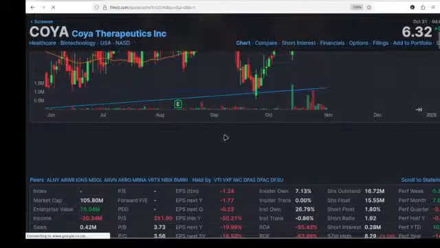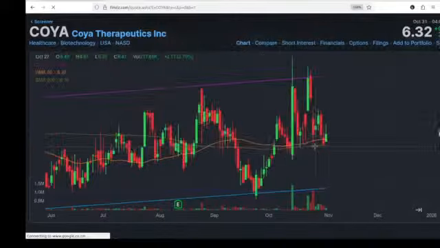So you notice the increase in volume. It has also touched the 50-day moving average and the 200-day moving average. So hopefully tomorrow we'll find an S&P 500 stock.